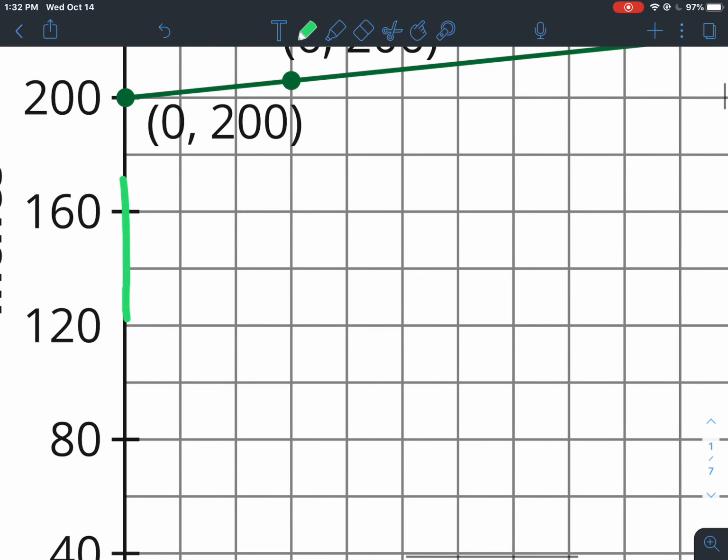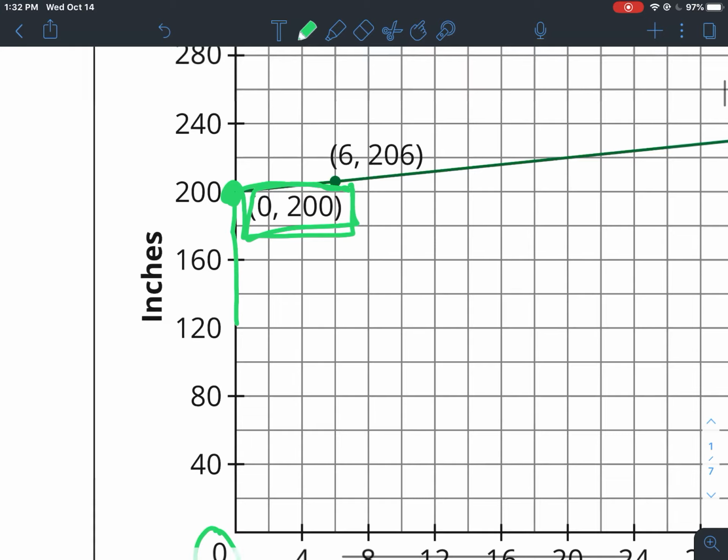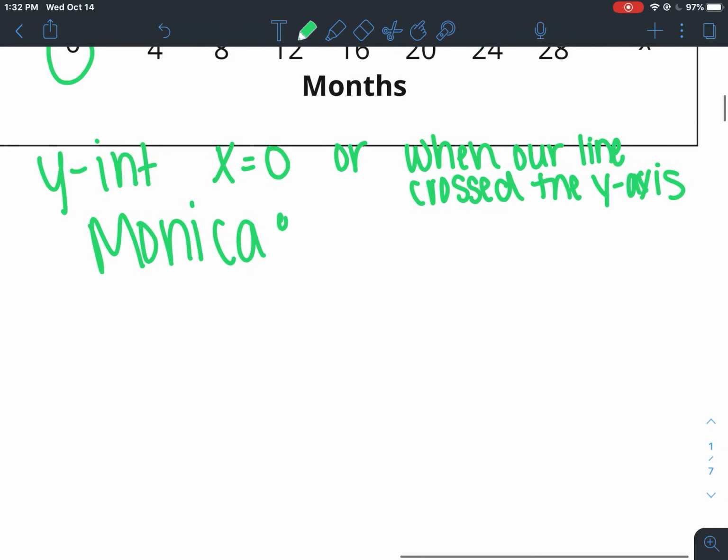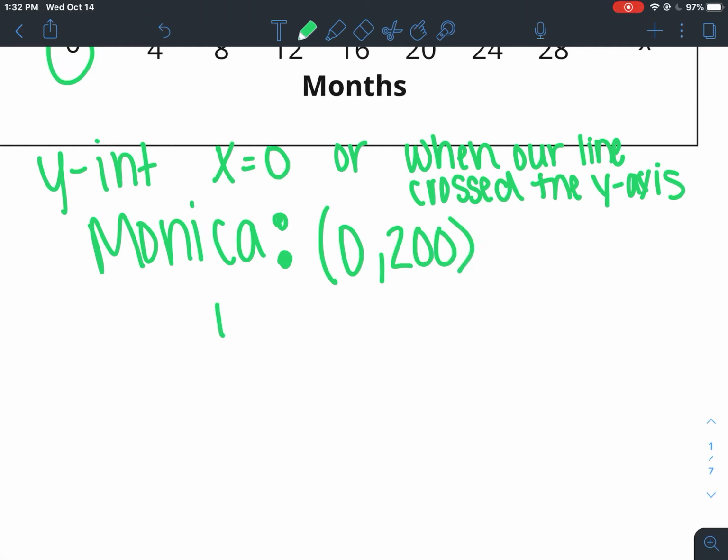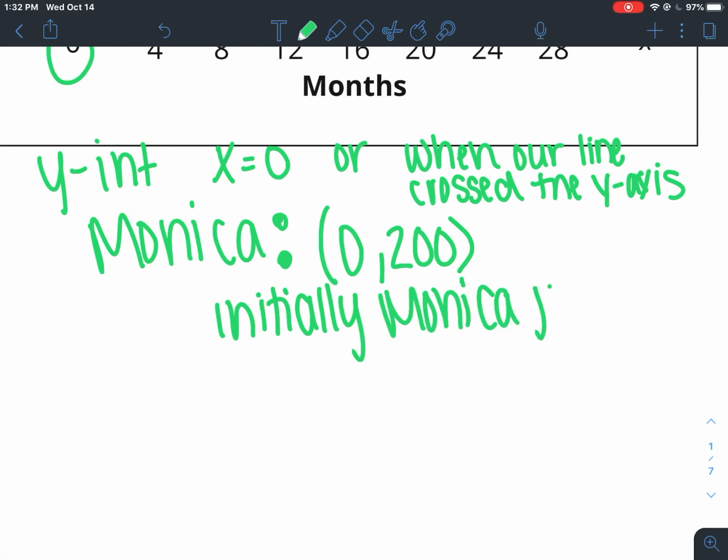So we're looking at this line right here. Our point right here. They gave it to us as a coordinate 0, 200. So for Monica, our y-intercept is 0, 200, meaning that initially Monica jumps 200 inches.